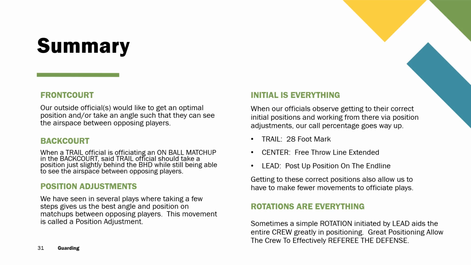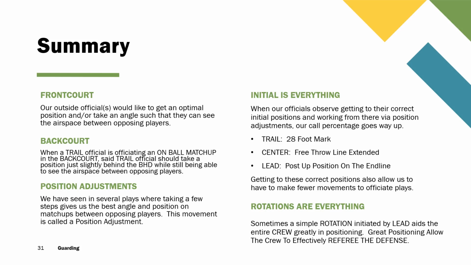Initial position is everything. So in the front court, our officials observed getting to their correct initial positions and working from there via position adjustments. And because of that, their call percentage is going to go way up. The initial position for trail officials in a 2 or 3 person crew is the 28-foot mark. In a 3-person crew, the initial position for our center official is the free throw line extended.